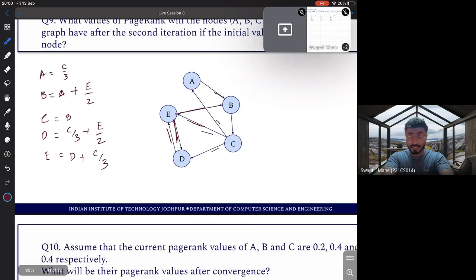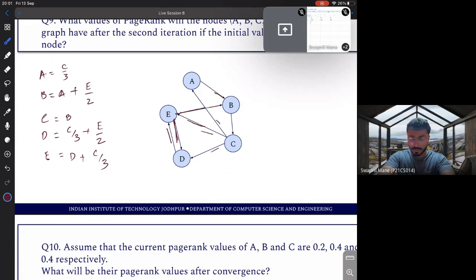A is C divided by 3. This is the C node, right? Divided by 3. This is how much value we are getting.